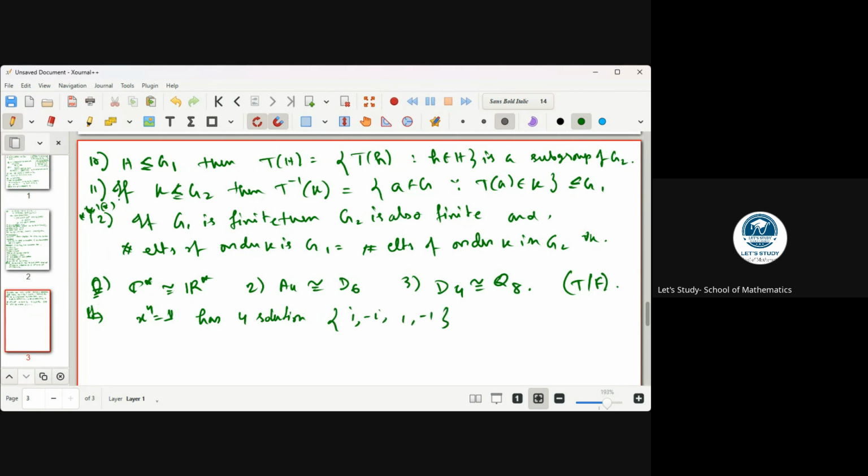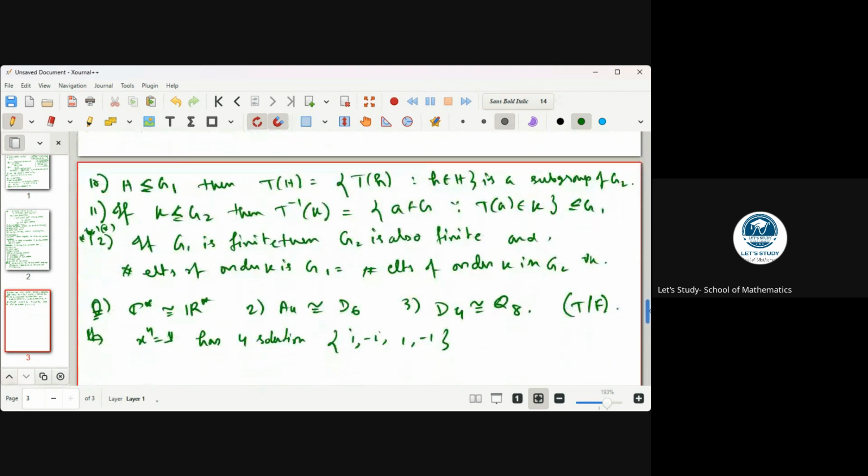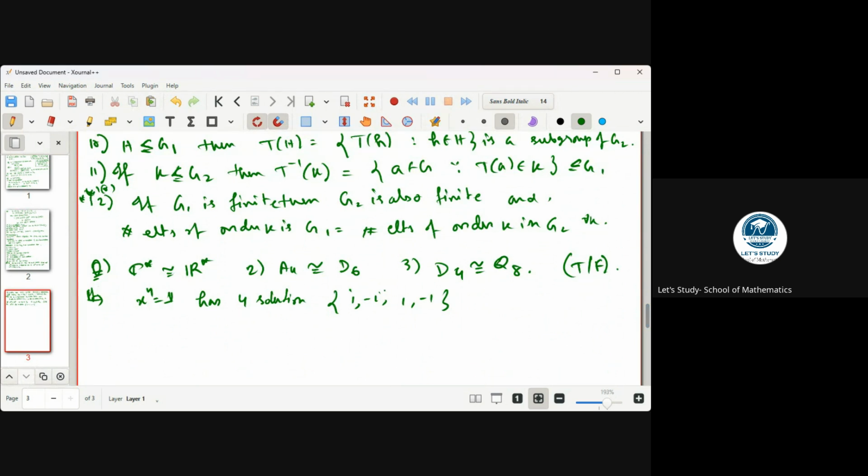That's why I am giving star in 12 and 9. We will use these two properties many times in C star. But x to the power 4 equals T of 1, and here we use T of 1 equals 1, identity goes to identity, as you told in the first line. So T of x to the power 4 equals 1 has only 2 solutions.